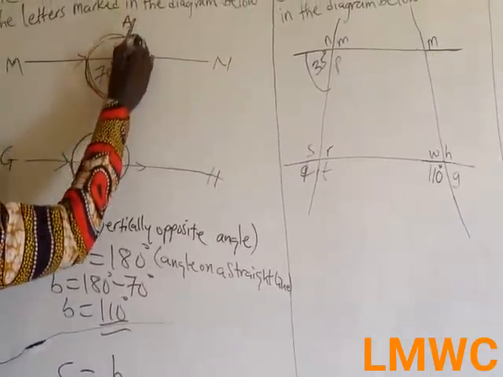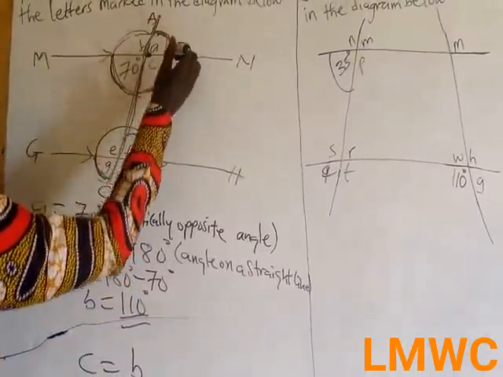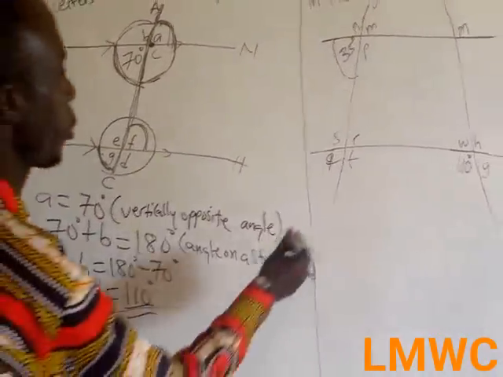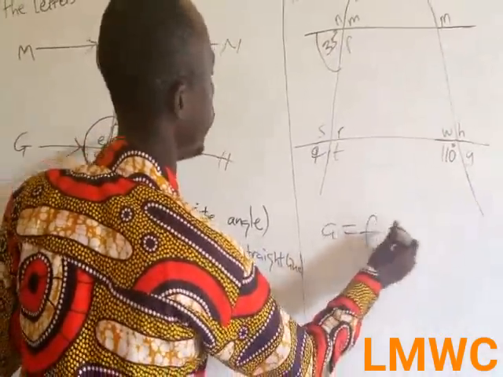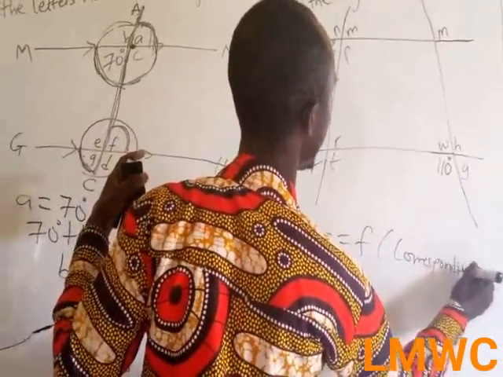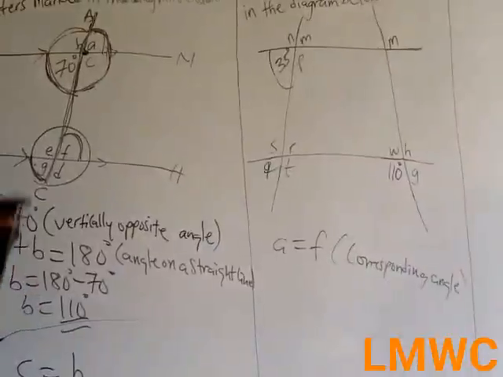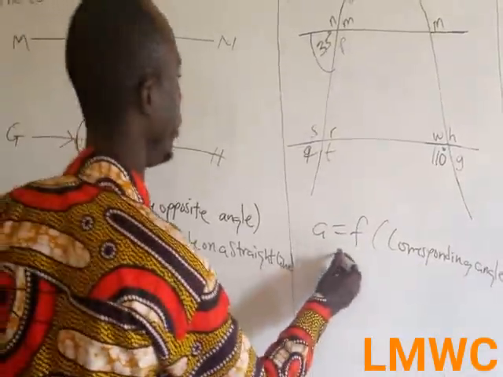So this line divides it into two equal parts. So this F will correspond to A. And we have A to be what? 70. So A is equal to F, corresponding angle. Our F becomes 70.